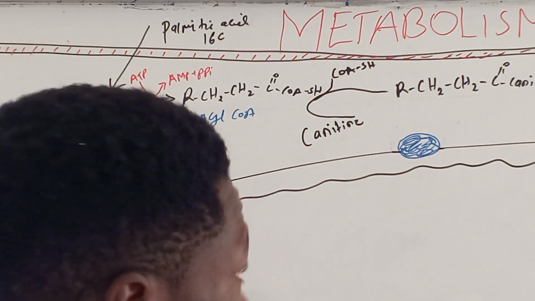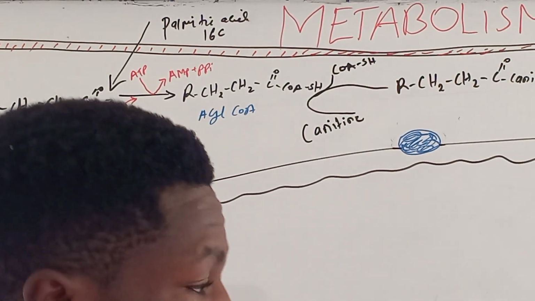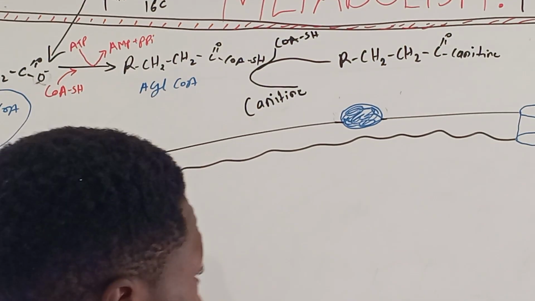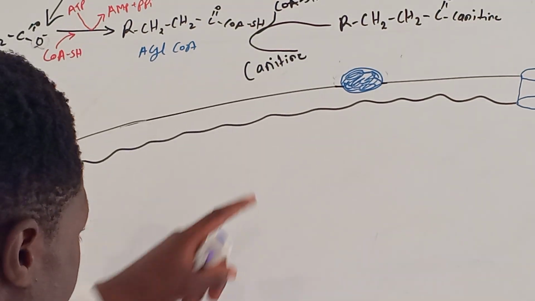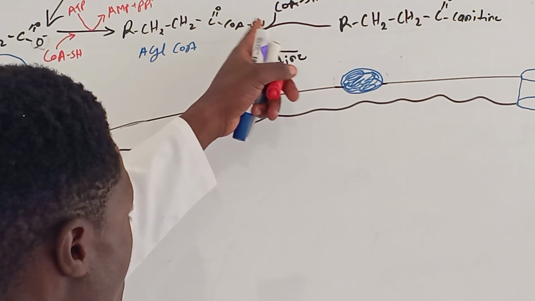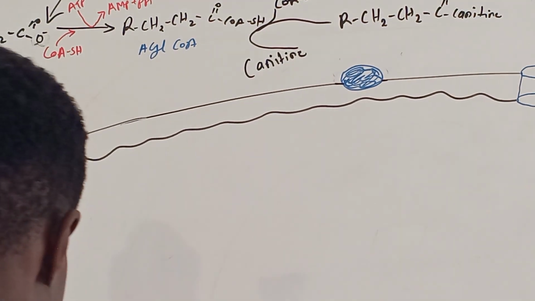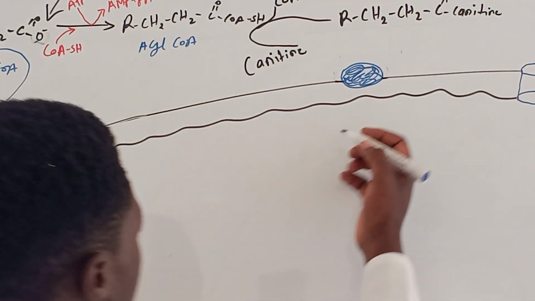Now, fatty acyl carnitine has the ability to get into the mitochondrion with the help of a carnitine translocase. This transporter here is called a carnitine translocase. But before we get into that, we want to see which enzyme removed the CoA and added the carnitine. The name of this enzyme is pretty cool. This enzyme is called CAT1.